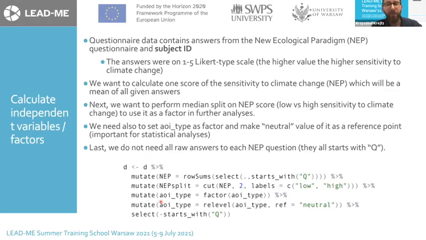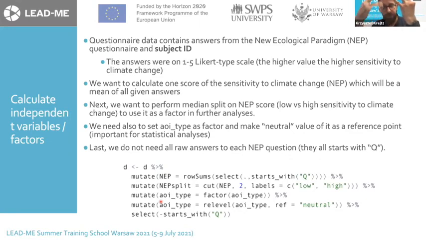And super important, or somehow important here. We have AOI type. We have neutral, negative, and positive, right? So let's think about these three values. Which one is the basic value?